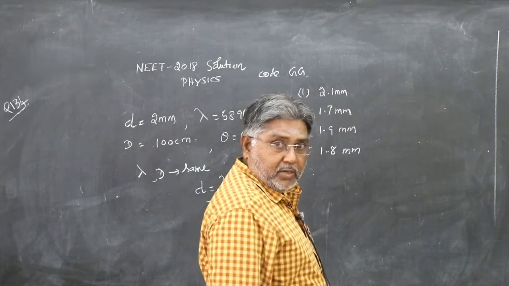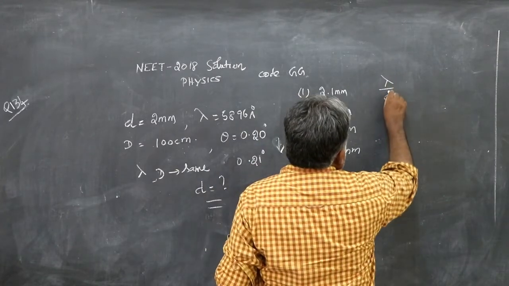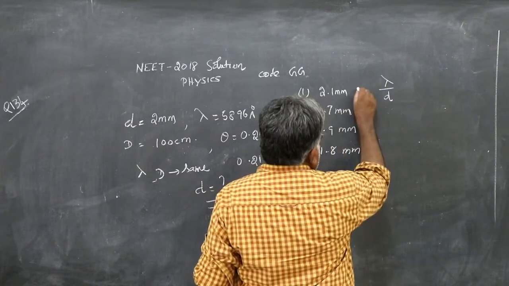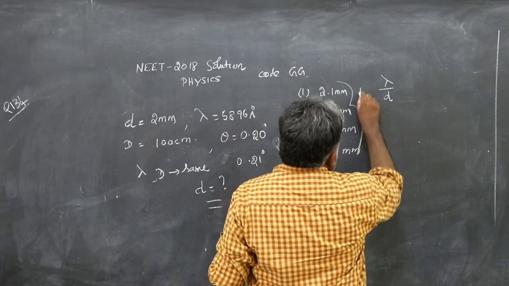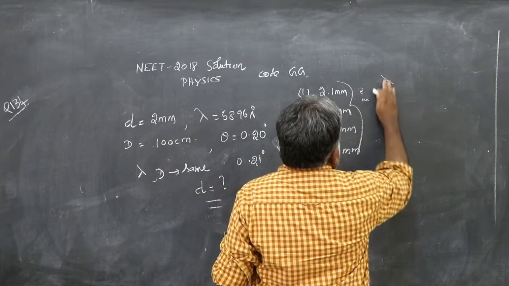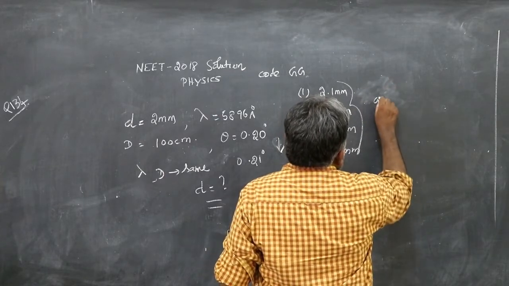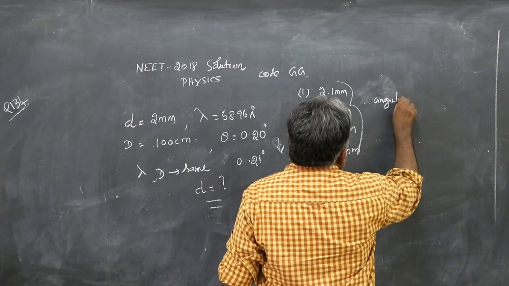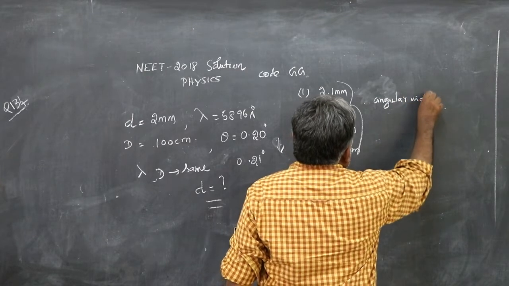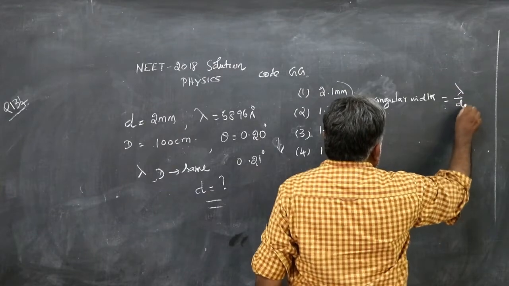So this is a problem related to angular width in Young's double slit experiment. You know the angular width formula, beta equals lambda by d.